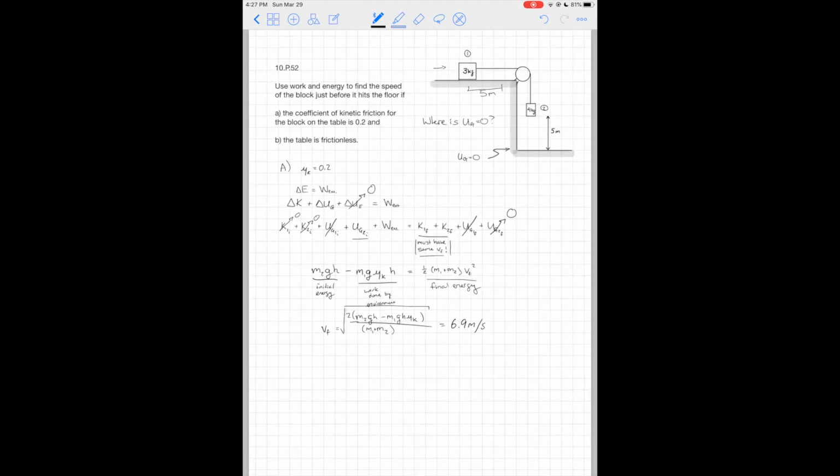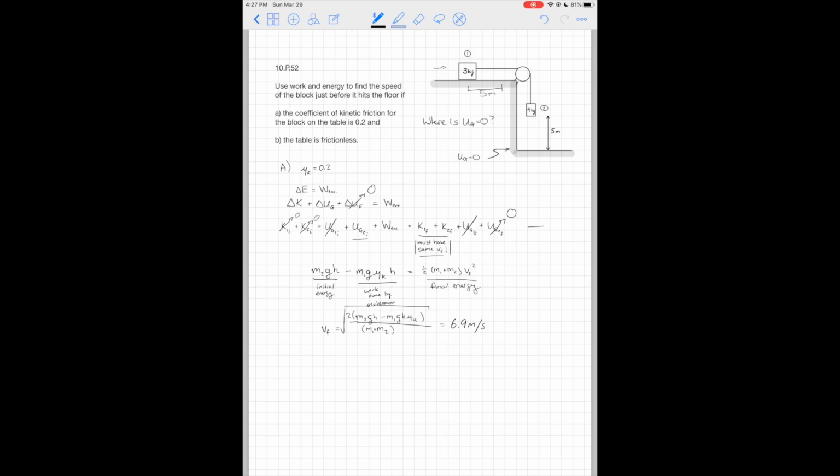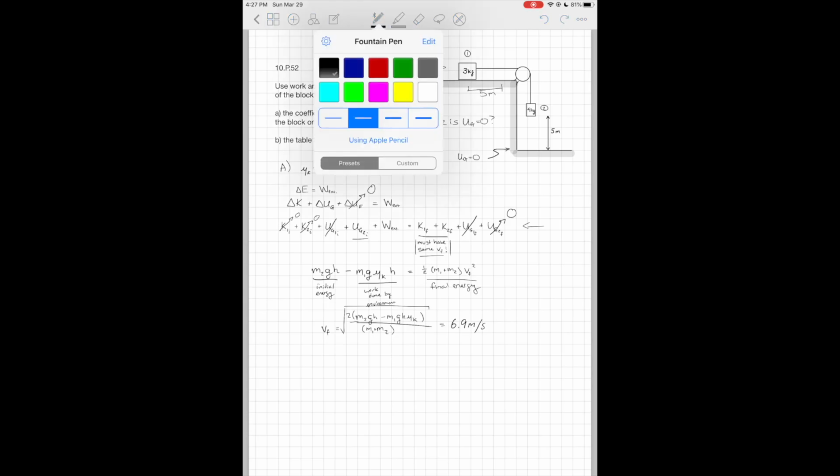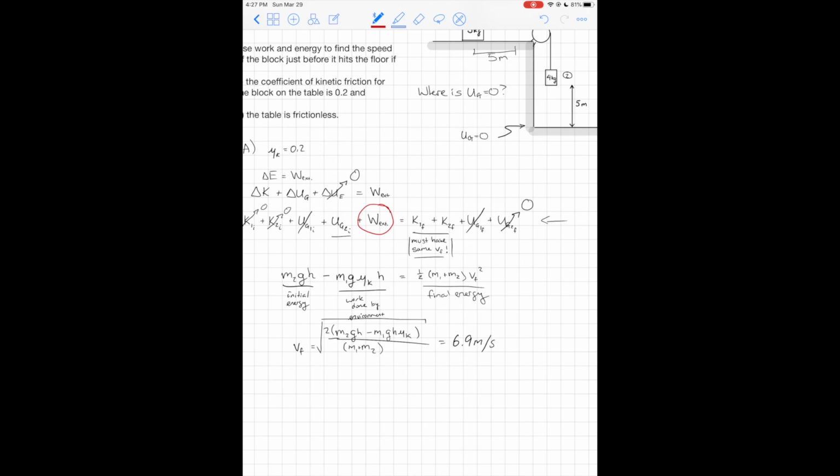So now for part B, what if the table was frictionless? Well, everything in our energy analysis is still true, except this guy. Let me actually do it in red here. This guy, my external work, is now 0.